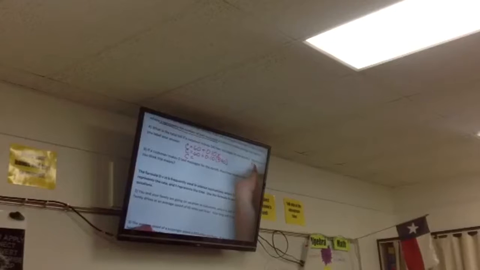What is 540 times 0.10? 54. Josh, it is 54. So I'm going to go over here to the side and do my multiplication. Times 0.10, and then I add it up and I get 540.